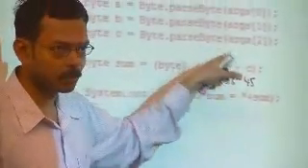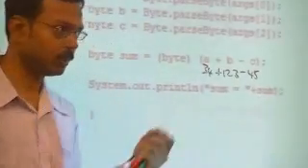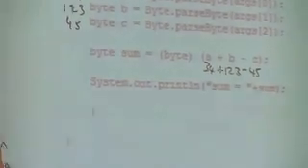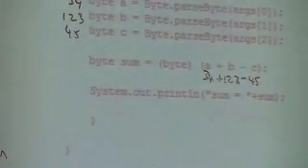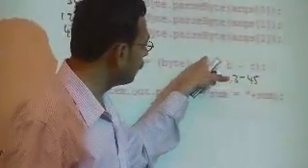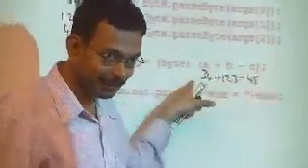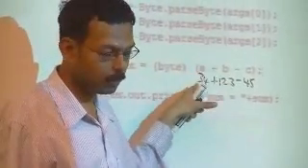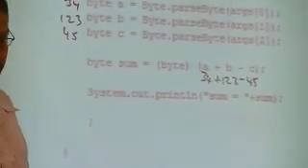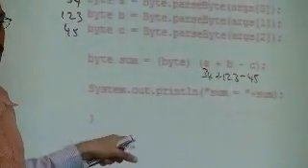Okay, so 34 plus 123 is 157. 157 is a valid integer because it has a larger range. Then you do the subtraction. If the whole thing exceeded 127, then there would be an overflow. But the whole thing is still within the acceptable range. So that's why it did not complain. Okay, so that's the end of the answer for this.